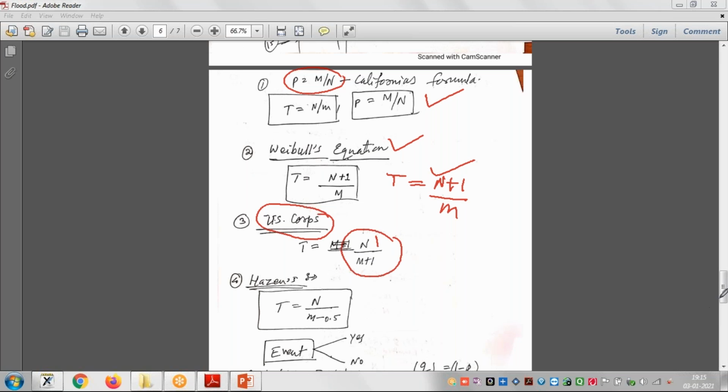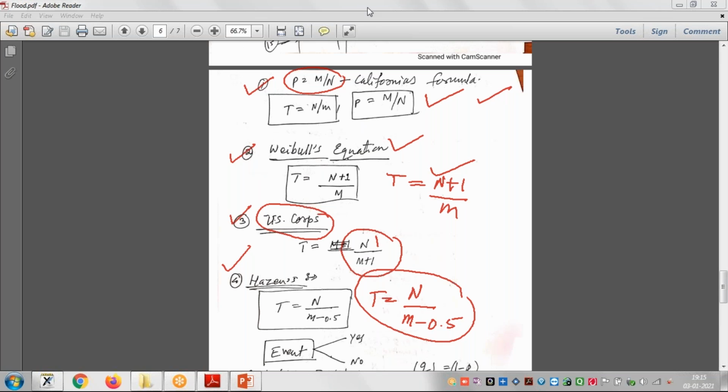And after that, another scientist, Hazen, came and said that this T value is not n upon m plus 1. He said that T is equal to n upon m minus 0.5, right? So different scientists gave different values of T, right? First we use the California formula.